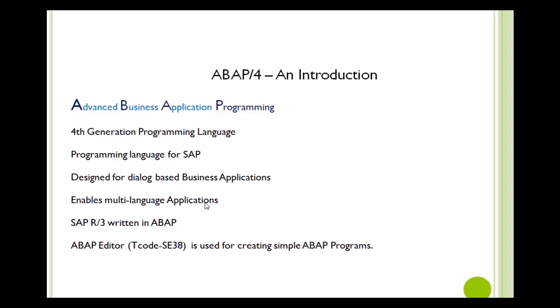They can log in with their own language and check their SAP information. SAP R/3, the real-time 3-tier architecture, is written in SAP ABAP only. That means the SD module, PP, whatever we discussed in the previous session, the pre-configured client, the R/3 modules, have been written in ABAP only.